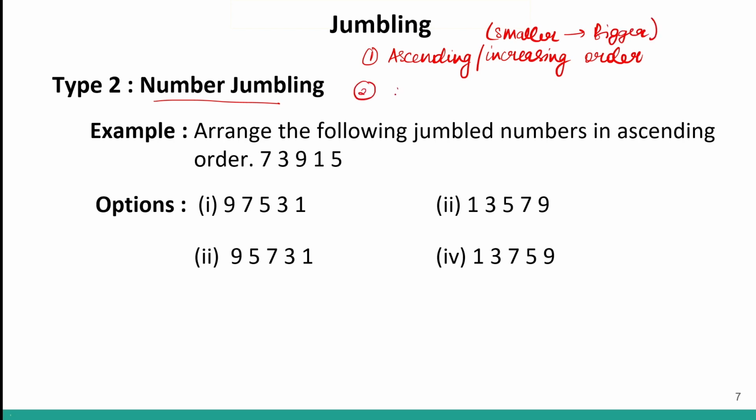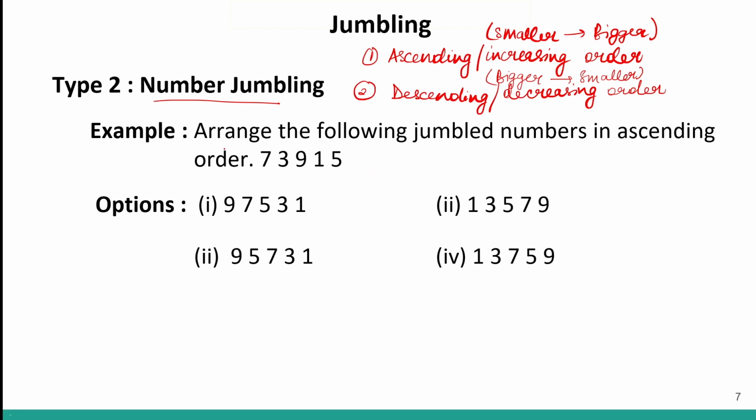Then the other concept is descending, also known as decreasing order. So, in decreasing order, that means we move from bigger number to smaller number. Correct? Only these two concepts are used in number jumbling.